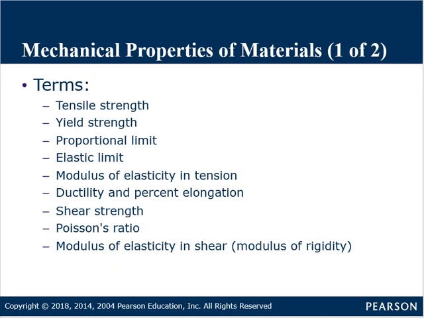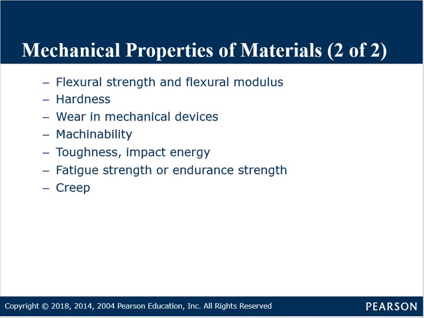So the terms we're going to talk about are tensile strength, yield strength, proportional limit, elastic limit, the modulus of elasticity in tension, percent elongation, and the concept of ductility, shear strength, Poisson's ratio, modulus of elasticity in shear, which is actually called the modulus of rigidity, flexural strength, hardness, wear in mechanical devices, machinability, toughness, fatigue strength or endurance, and then creep.